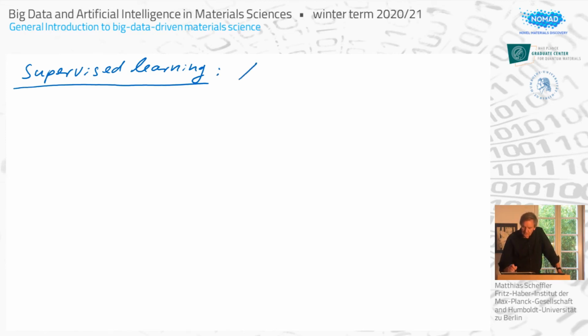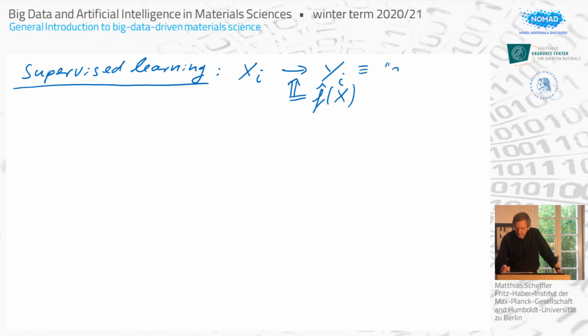Supervised learning means we have features or descriptors xi which bring us to some quantities yi, and we have them also as data in the measured process: a description of the material, like the zinc blende, gallium arsenide, and so on, and a measured property like, say, the band gap. And for this, we try to find a good fit. We try to find a function f hat of x so that this response can be at least approximated.